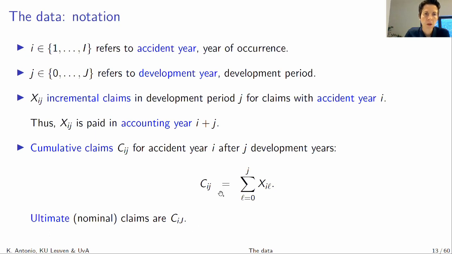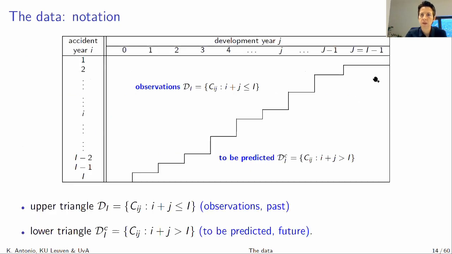Now, if I display the same triangle in mathematical notation, I get something like this. What we often do, but it's not really necessary, is say that we have the same number of accident years and the same number of development years. In that case, the J that I have as my final development year would be equal to I, my final accident year, minus 1.